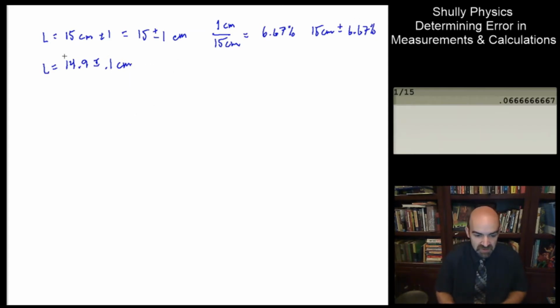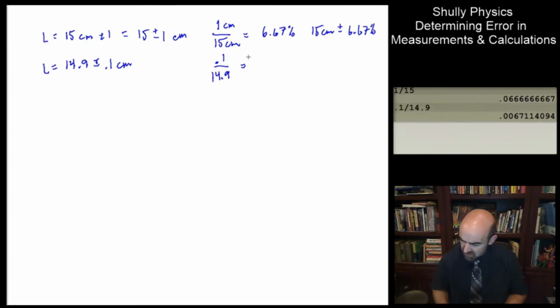Now, what if we look at this number here? We were trying to measure this to a higher precision using millimeters instead of just centimeters. I did measure this in centimeters, but we did get down to the tenth of a centimeter, which is the millimeter. So we can try that. 0.1 divided by 14.9. What is that percent error there?